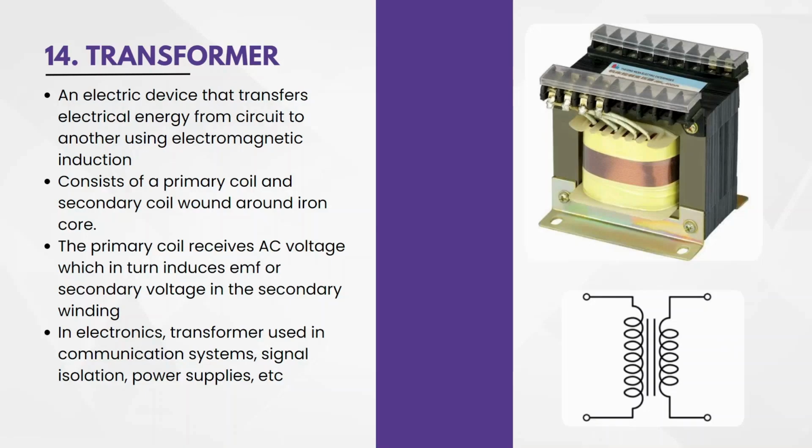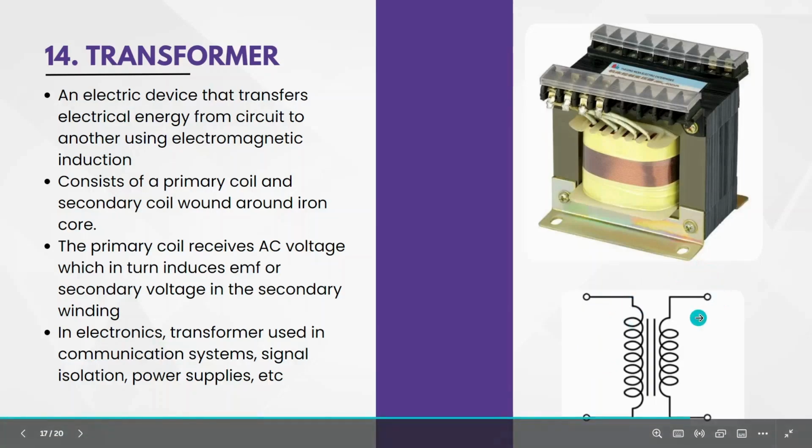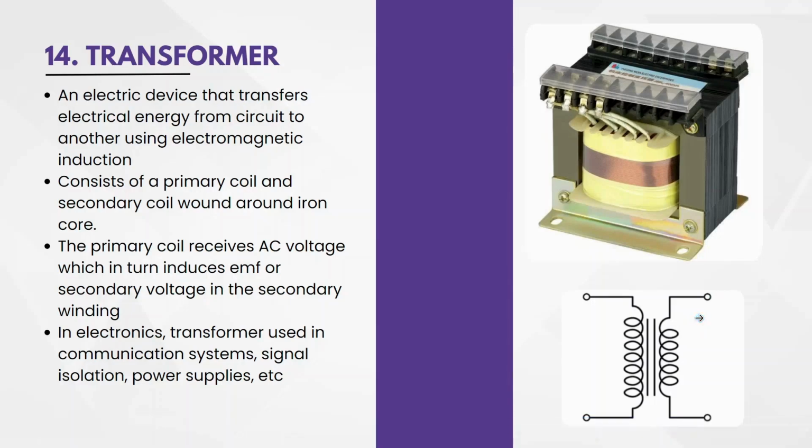Now, depending on our use, we can design this transformer to be a step up or a step down transformer. A step up transformer will increase the voltage from primary side to secondary side, and a step down transformer will decrease the voltage, which means the secondary side voltage will be less than the primary side in a step down transformer.